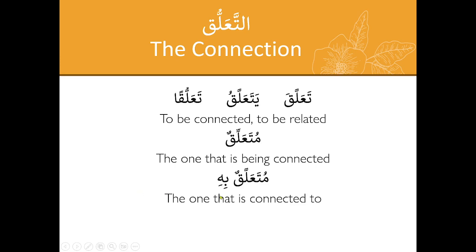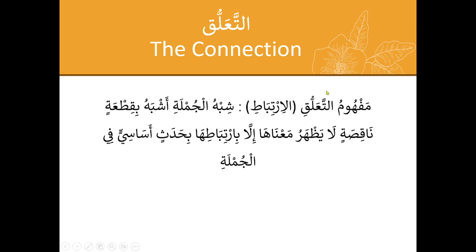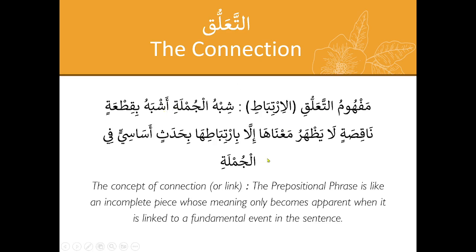So now we want to look at this connection. How is this connection made? This is a definition. Ta'alluq, we can also say it as an irtibat. What's an irtibat? That's connection. So basically what all of that is saying is the mafhum, how we understand the ta'alluq, the connection or link, we see in ra, ba, and ta, rabit.